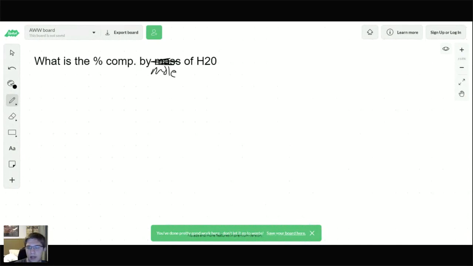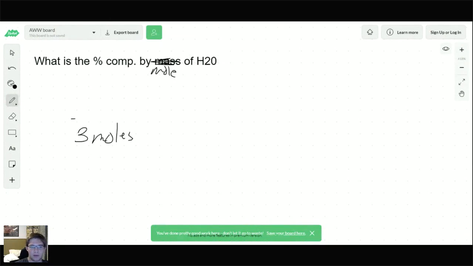On the AP exam, the most important one is by mass. But when you're doing by mole, it basically is the same concept. When you have mole composition, you're looking at, for every 1 mole of this, you have 2 moles of hydrogen, so you have 3 moles of particles total.